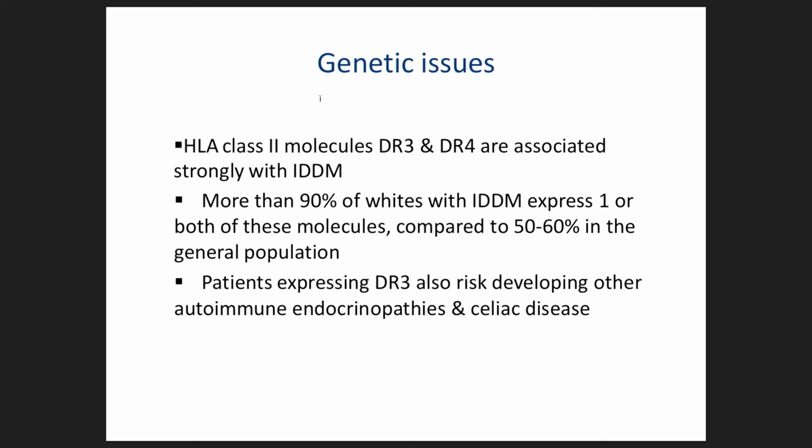But the estimated percentage is 90%. So this genetic susceptibility is 90%. It's not 100%. Why is it not 100%? Because it is not a pure genetic disease. It is a combination of genetic and environmental. So there is a 10% from the environmental triggering factor.